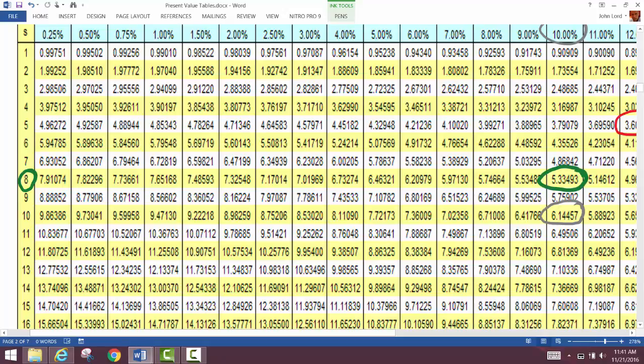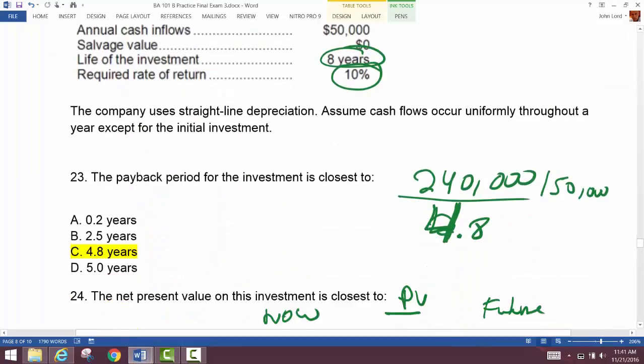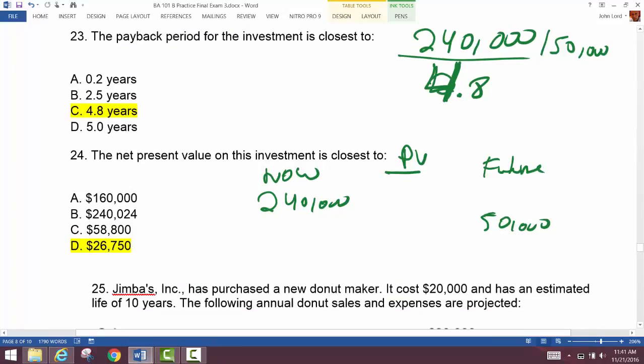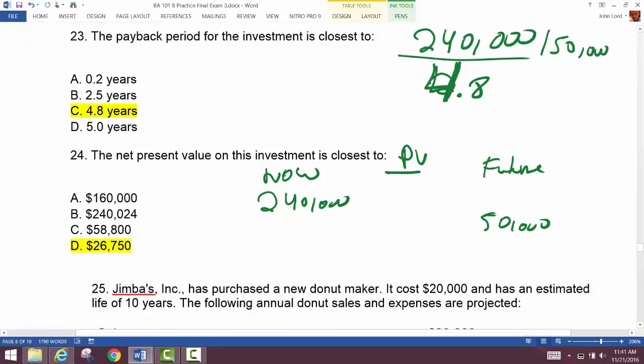Okay, so I'm just going to make it 5.335 if you don't mind. So it's times 5.335, 3, 3, 5 is the factor. That gives me what?